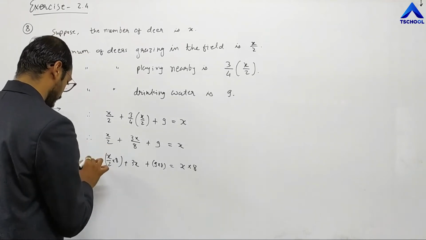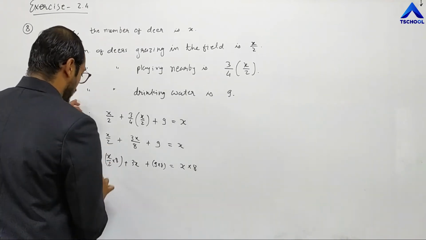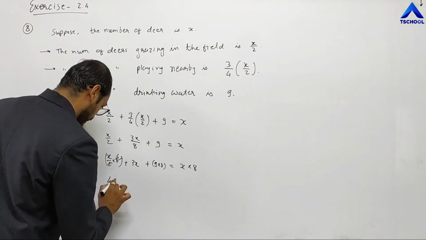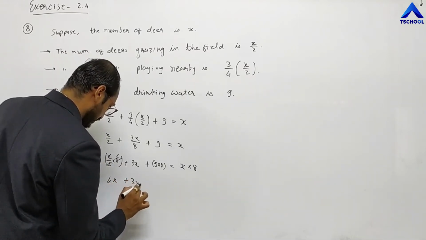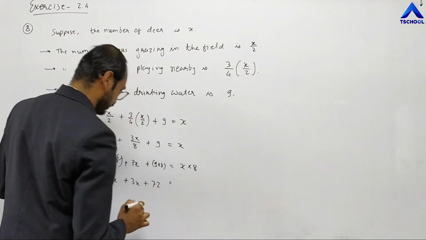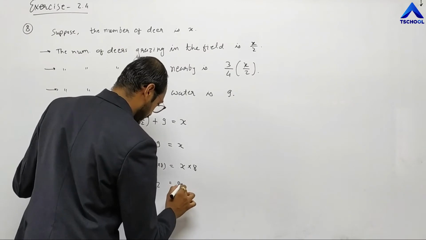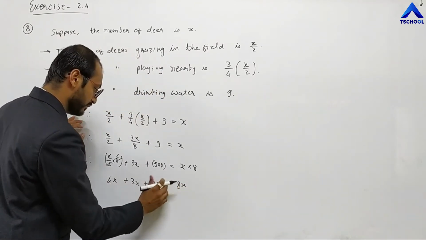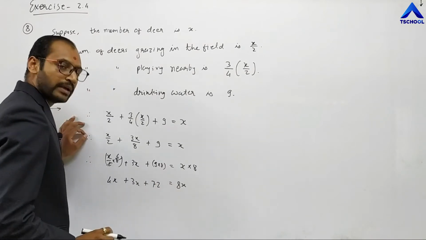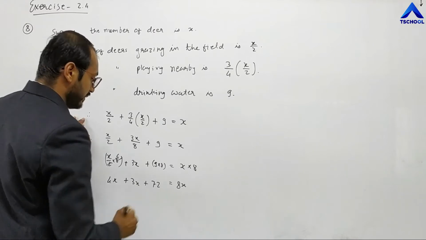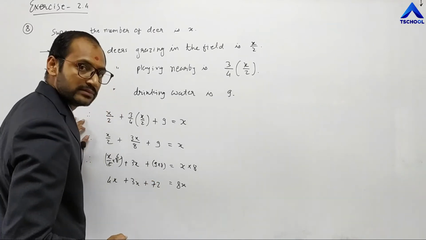Now how can we simplify this? 4 into 8, 4x, so remaining are 4x plus 3x plus 72 equals 8x. Here 4 plus 3 is 7x, and let me subtract 7x on both sides.